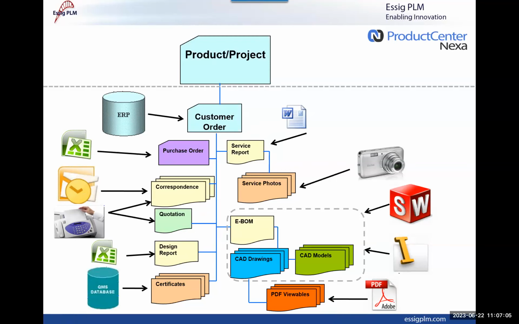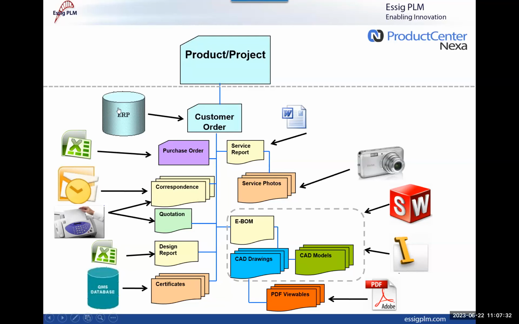From there, we then want to use the appropriate clients and ProductCenter Nexa, such as CAD or maybe a quality management database, to push in things like certificates, quotations, purchase orders. So when they go to a customer order in Nexa, the same customer order is in their ERP system, but they can see how all the information, the supporting documentation, for example, and processes are related, right?